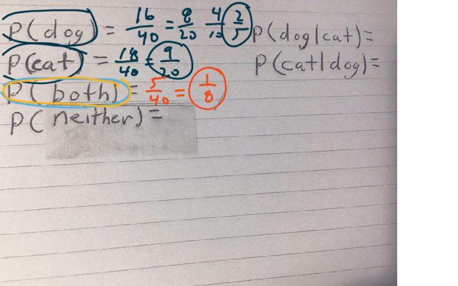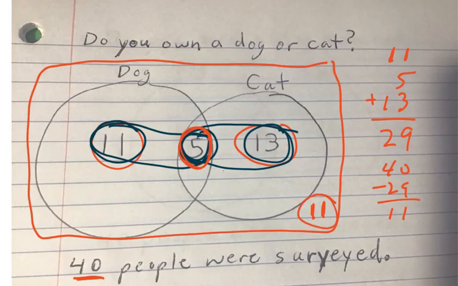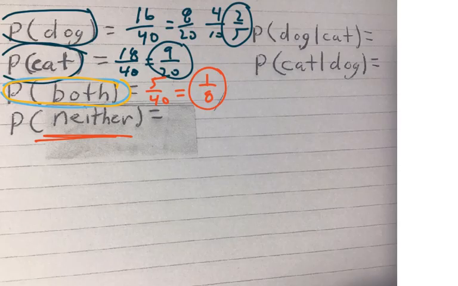What about the probability of neither? Well, that was the 11 we calculated at the beginning of our problem, right? So that's 11 out of 40. And that can't be reduced. So 11 out of 40, I know, had neither a dog or a cat.